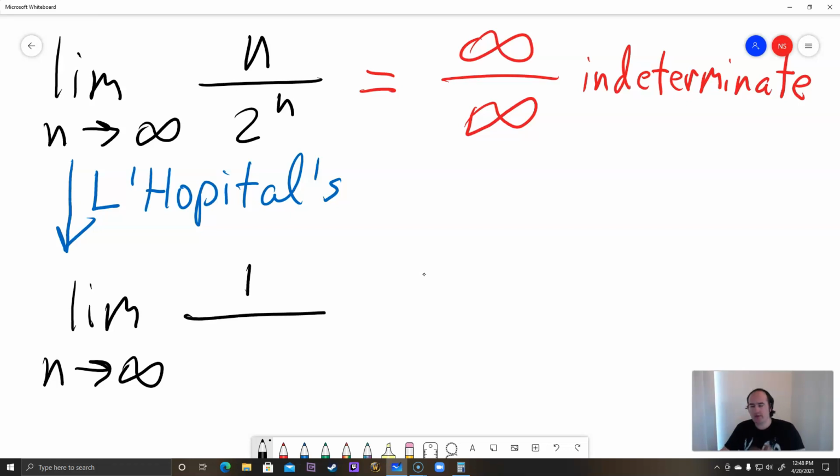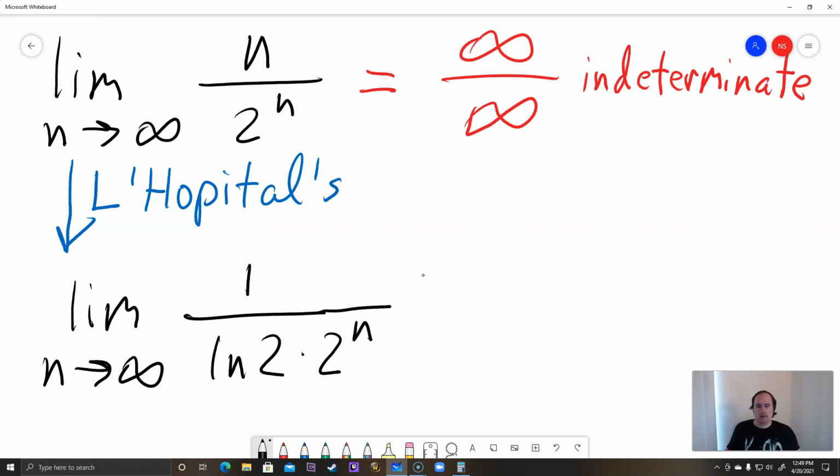And then in the denominator, I don't know if you remember this, but the derivative of 2 to the n is going to be ln of 2 times 2 to the n. So it's just like the derivative of e to the x is e to the x, but the derivative of 2 to the x is ln of 2 times 2 to the x. So you end up with an ln of 2 there.